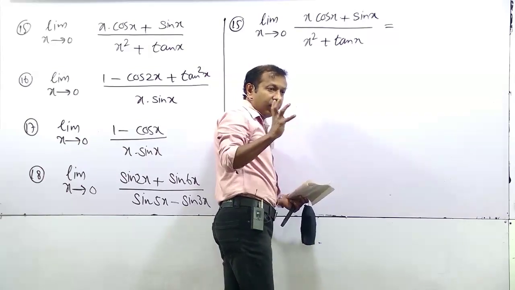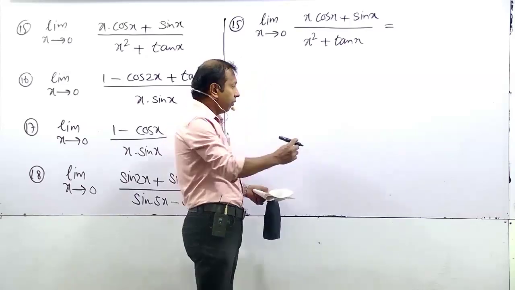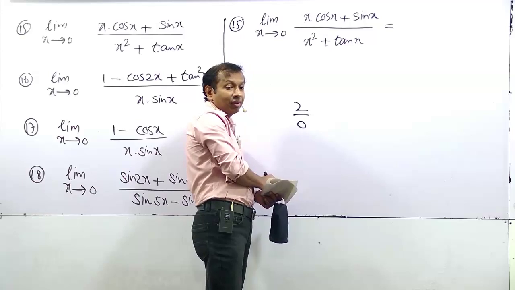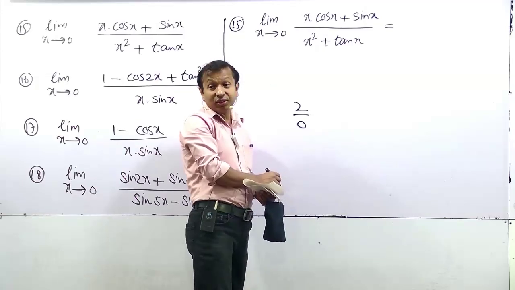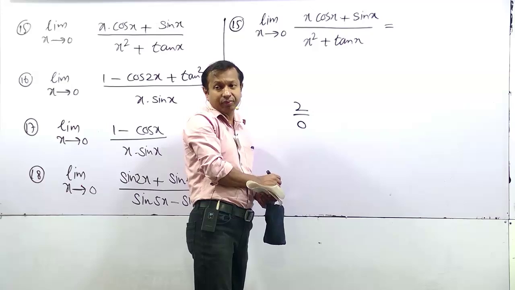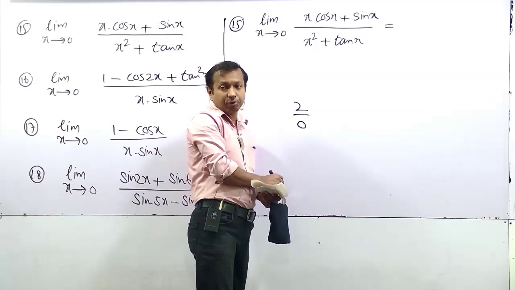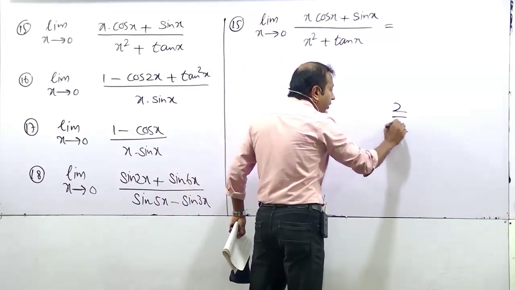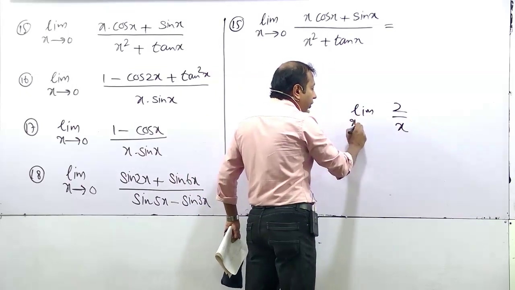We know when we divide something by 0 like this, 2 over 0, what's the answer? Don't say infinity. No, not infinity. Infinity comes like this, people. We have this way, 2 over x, limit x going to 0.